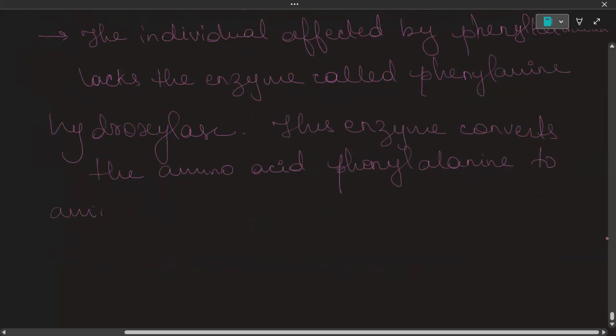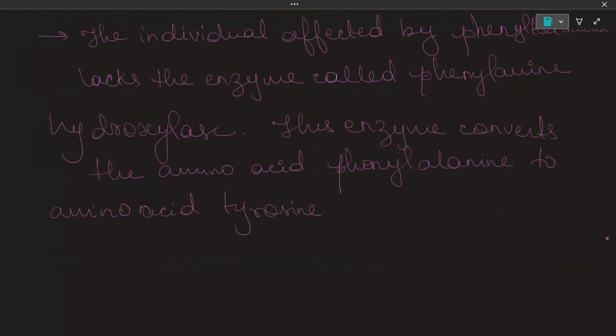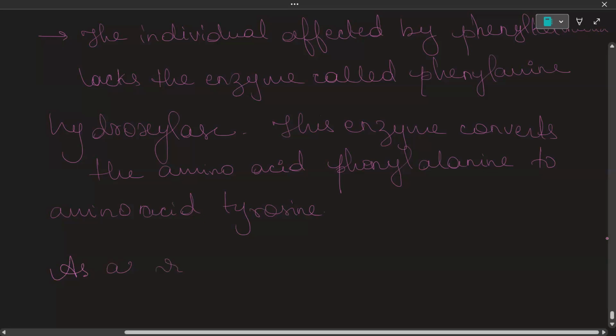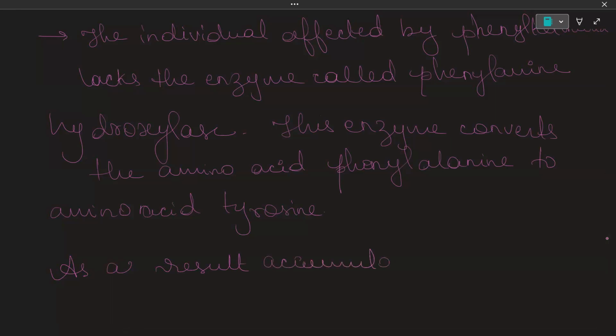So, when this enzyme will not be there, it means that the phenylalanine will not be converted. So, as a result, accumulation of phenylalanine takes place.